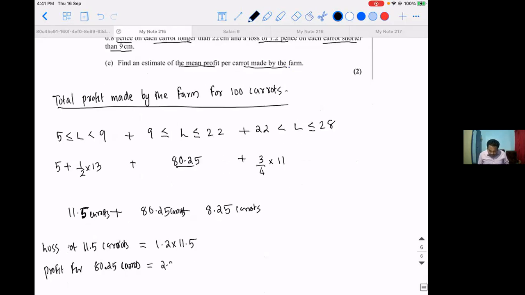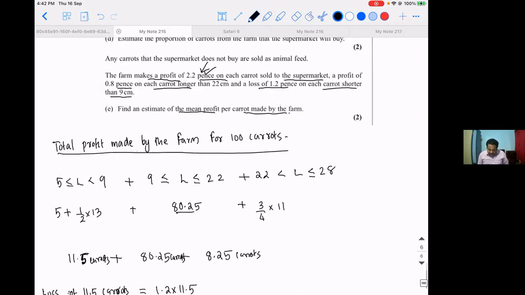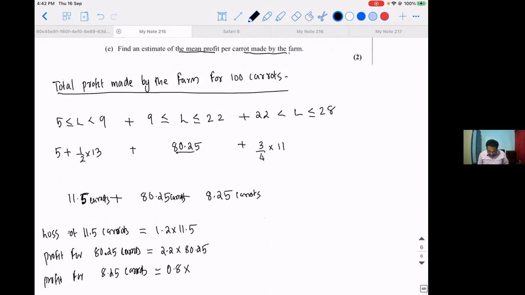So 2.2 multiplied by 80.25, and the profit for 8.25 carrots, because they have length greater than 22. So such 8.25 carrots will get 0.8 pence multiplied by 8.25.